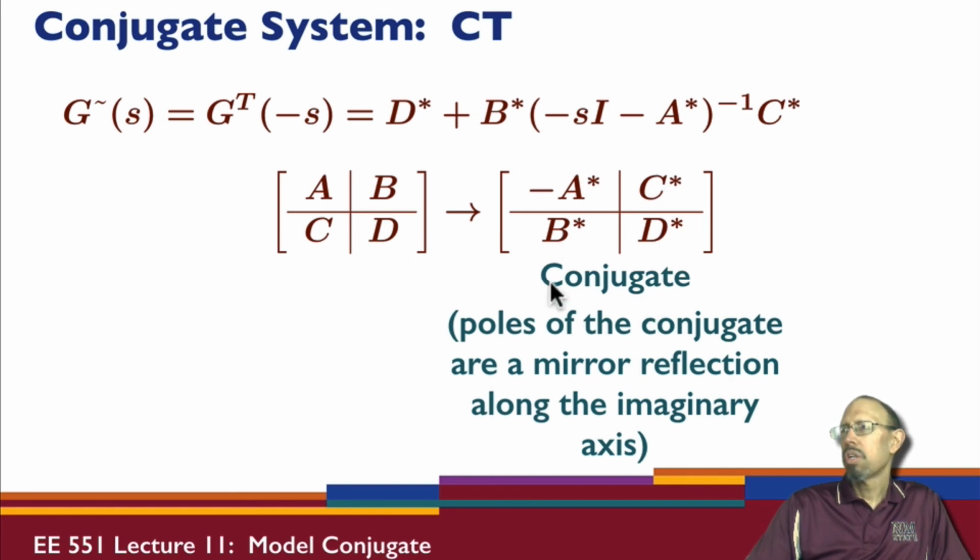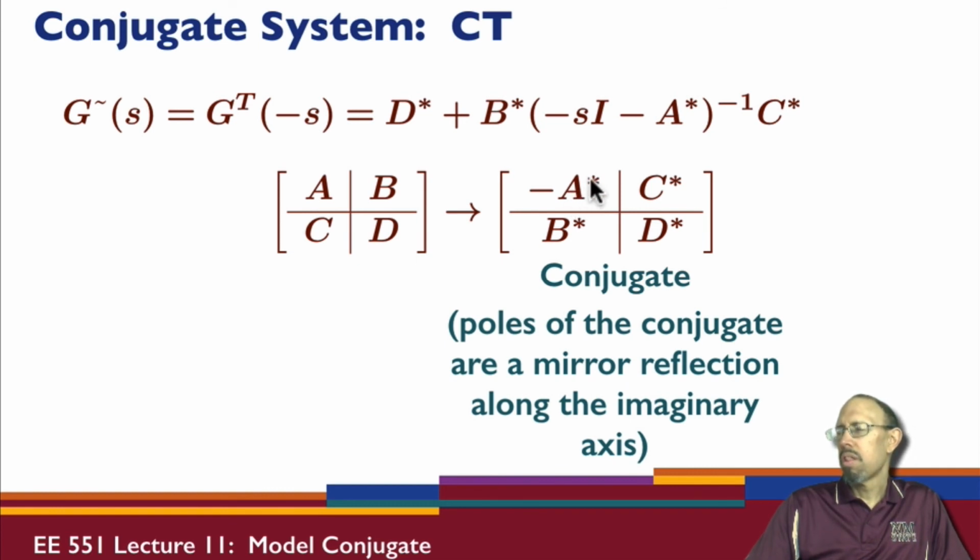Okay, so notice that the A matrix is where the poles are located. The poles are of the system A, and these are related, obviously, because it's the same A. But in this case, it's minus A adjoint. It turns out that the eigenvalues for a matrix are the same as the eigenvalues for its transpose.